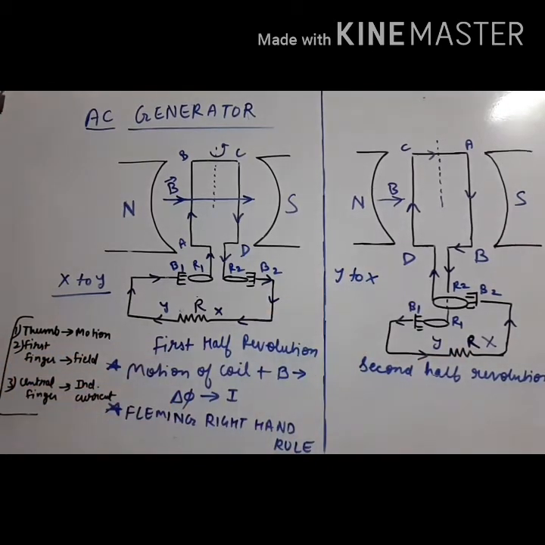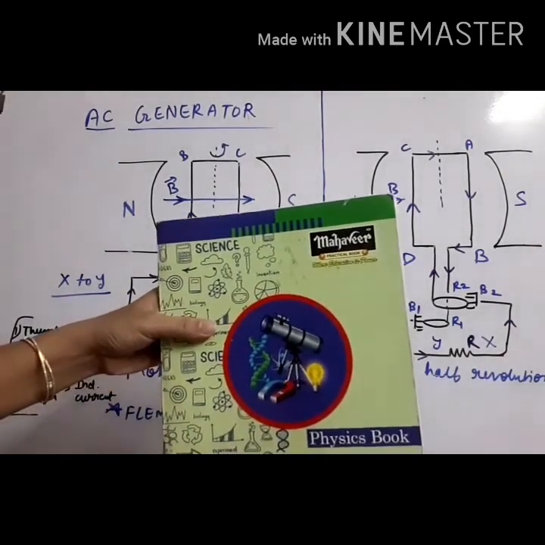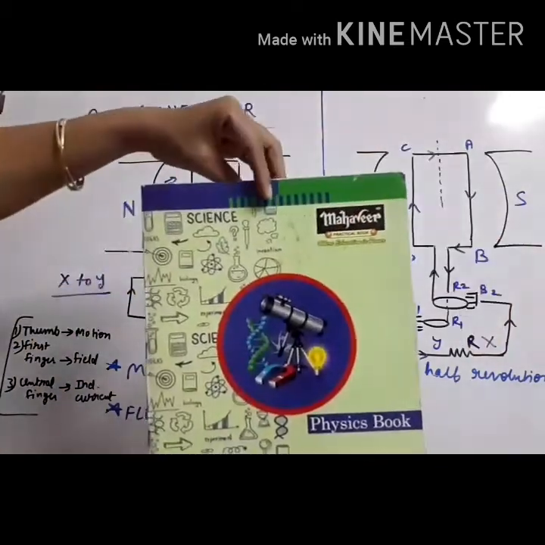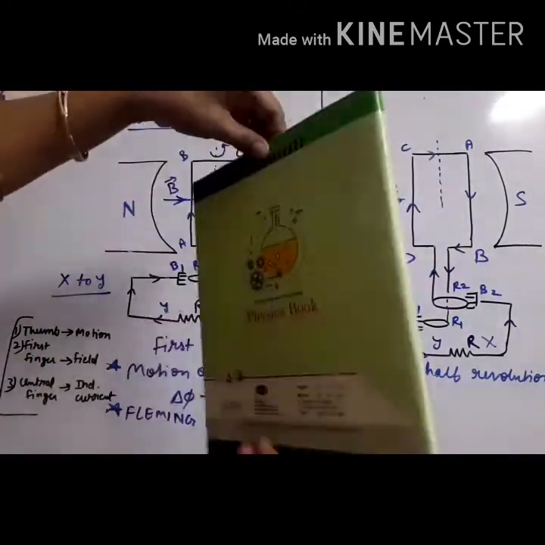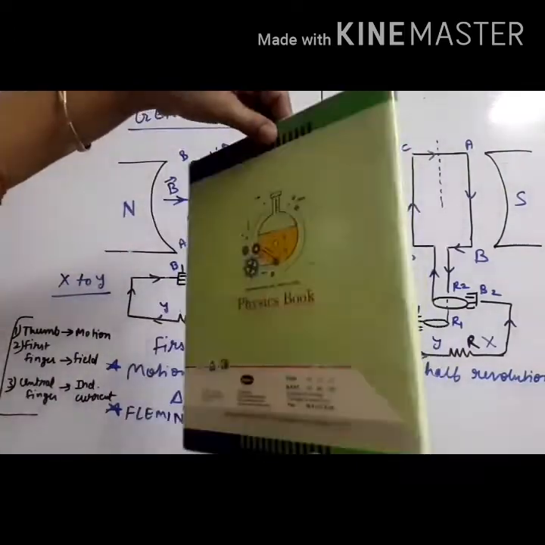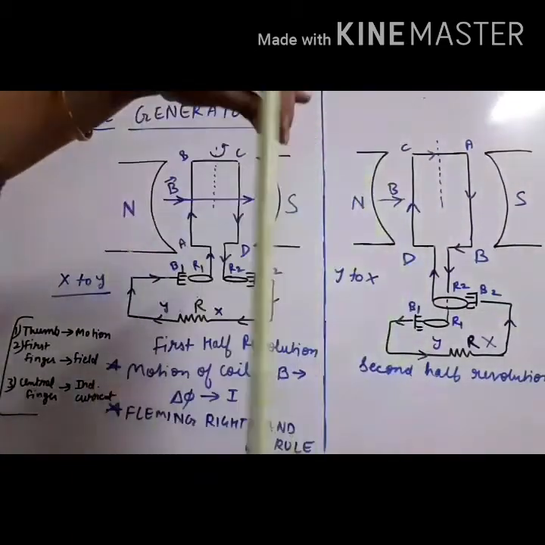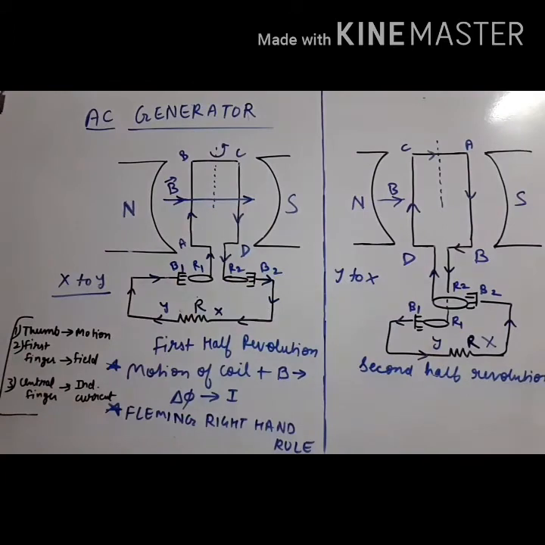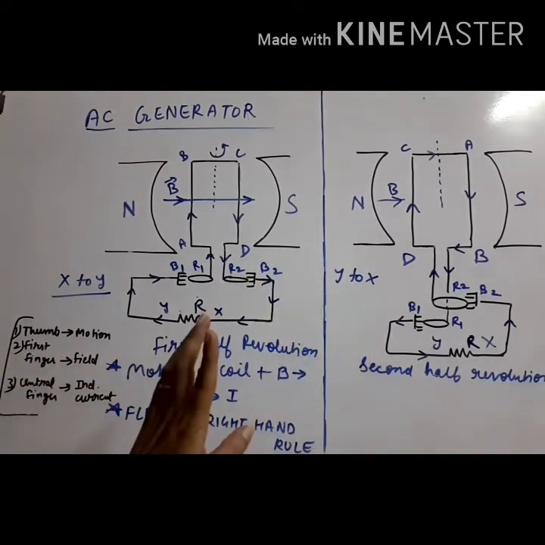That means when a coil like this is rotated in the presence of magnetic field B, with North pole and South pole here, and it is rotated in only one particular direction, then the induced current which is generated changes its direction for each half revolution of the coil.